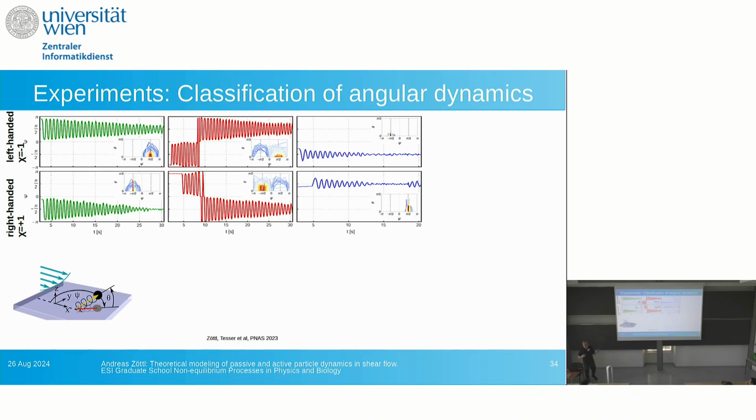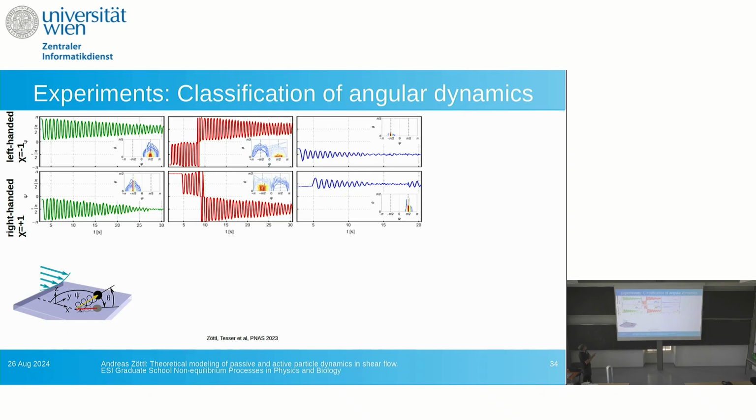This is obviously not possible for passive axisymmetric particles. And on the other hand, the whole thing is reversed when you have a right-handed particle. But the thing is, when you start, for example, let's consider the left-handed.